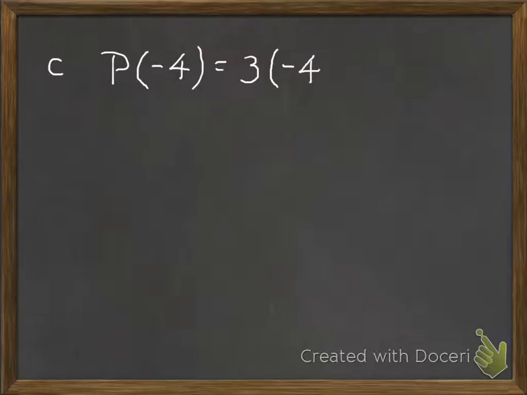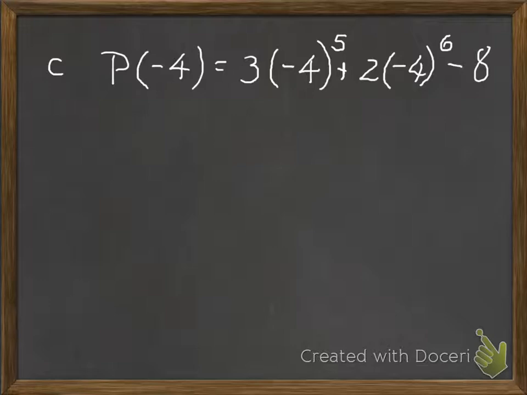And that whole minus 4 is x, so that whole minus 4 is raised to the power of 5. Plus 2 times, again, the whole minus 4 is the x, so the whole minus 4 is raised to the power of 6. It's important to put those parentheses. Minus 8.